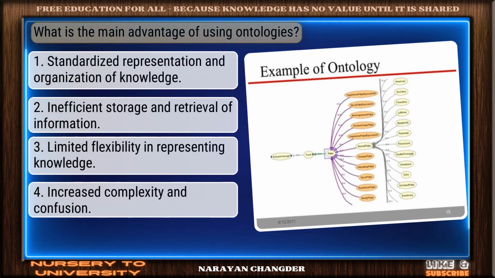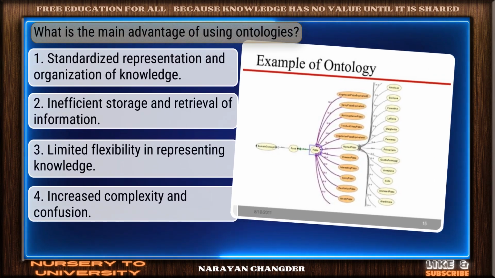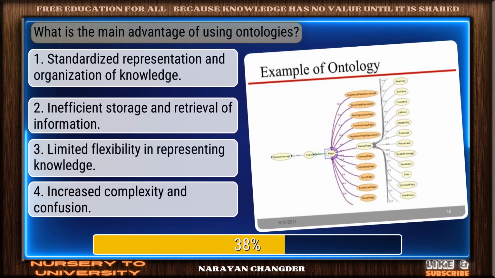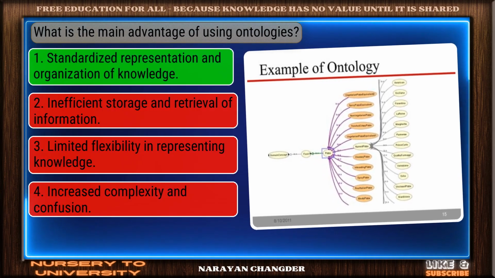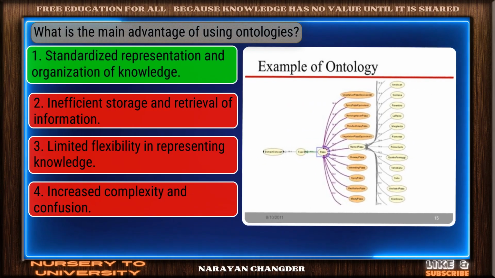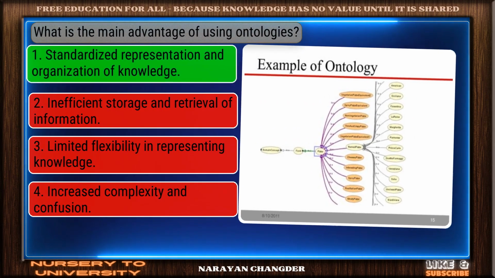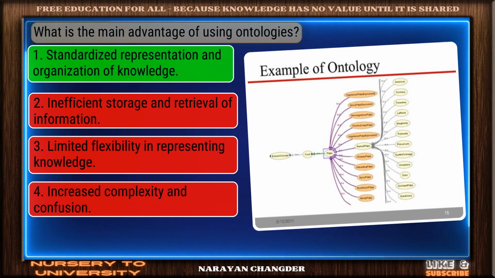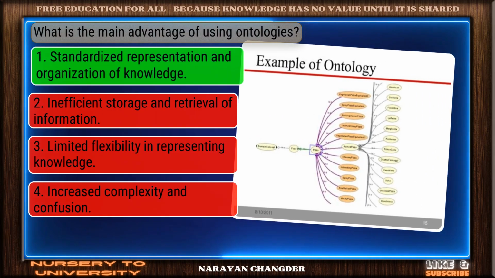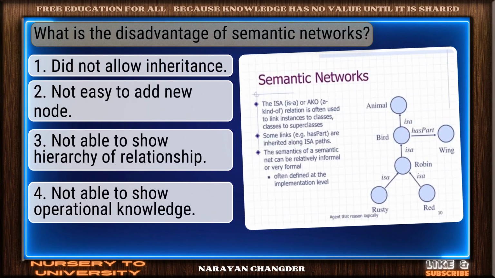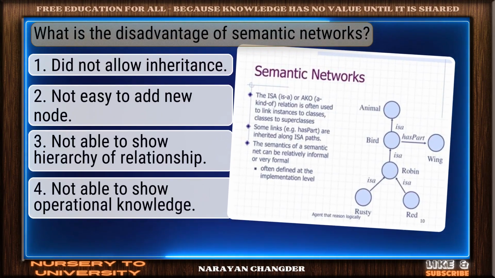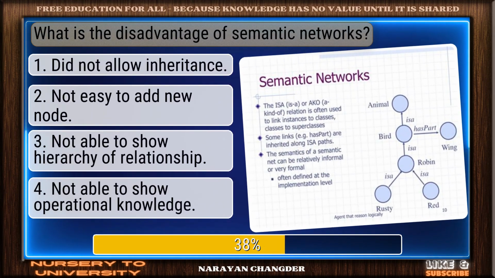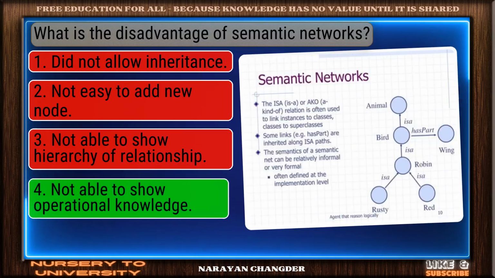Question number 23. What is the main advantage of using ontologies? Nice work. You chose standardized representation and organization of knowledge, and it is correct. Question number 24. What is the disadvantage of semantic networks? Exactly.